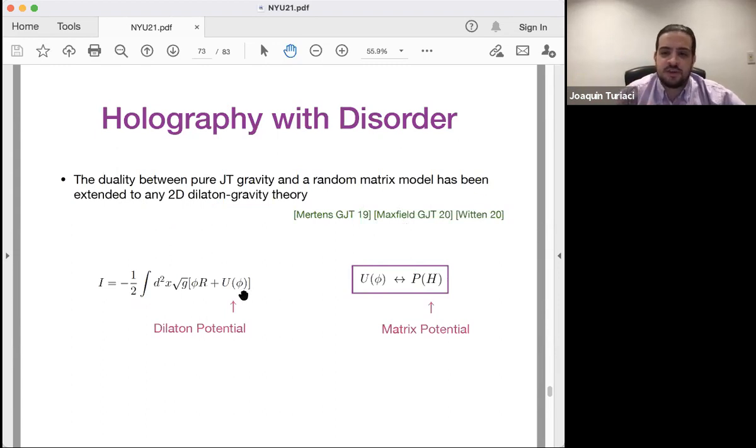And there is also one function worth of matrix integrals, if you tell me this probability distribution. And what we show in these papers is that there is a duality between pure 2D dilaton gravity and matrix integrals, where this probability distribution depends on the dilaton potential.